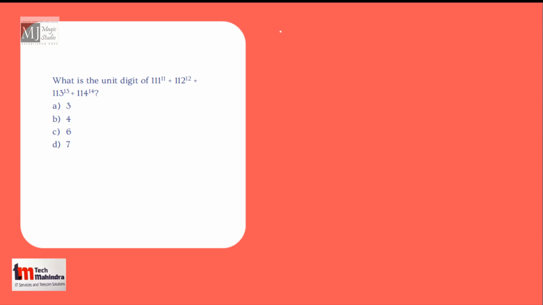While calculating the unit digit or last digit, I just need to know two things. If I need the unit digit of a to the power x, first I look for the unit digit of a, suppose that is small a. And second, I look for the remainder when that exponent x is divided by 4.